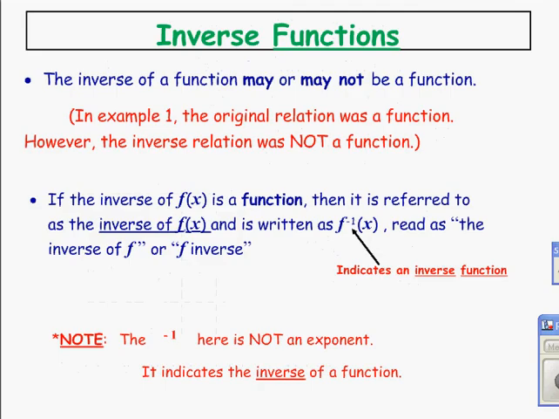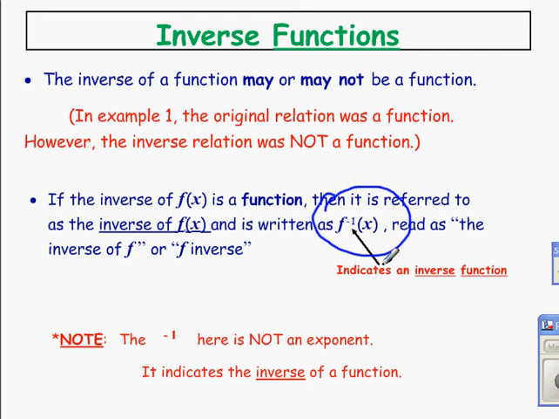The inverse of a function sometimes is and sometimes is not a function. In the last example, the original relation was a function, but the inverse is not. If the inverse is a function, then we call it the inverse of f, or f inverse, and we write it like this: f to the negative 1 of x.